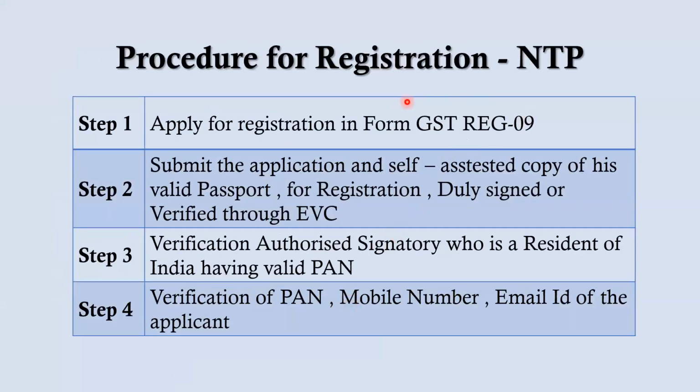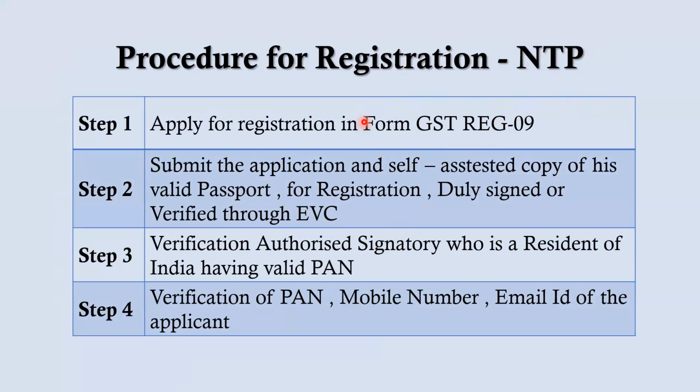Now we will learn the procedure for the registration, which is for your normal taxable person. So for your normal taxable person, the first important step is one has to apply for the registration, which is available in the form GST REG 09.